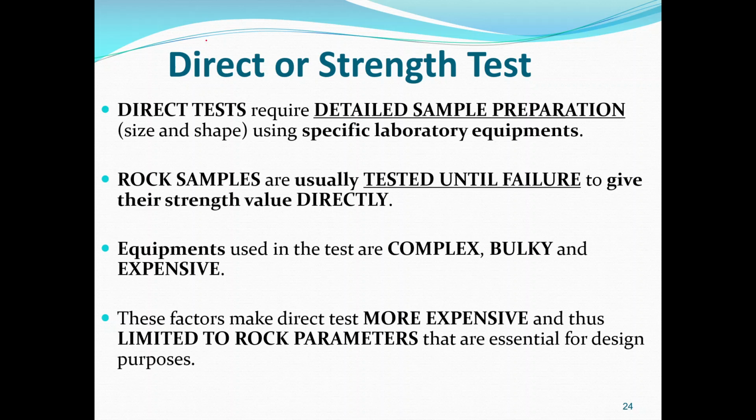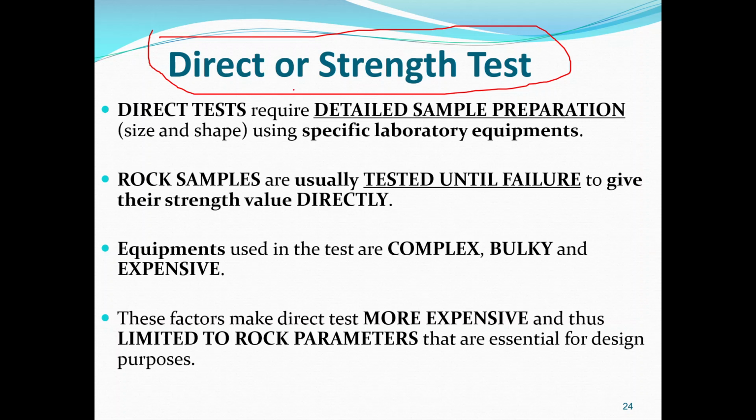So next, rock testing, we call that direct test or strength test. Indirect test also, we try to get the strength of the rock, but here is direct measurement of rock strength.